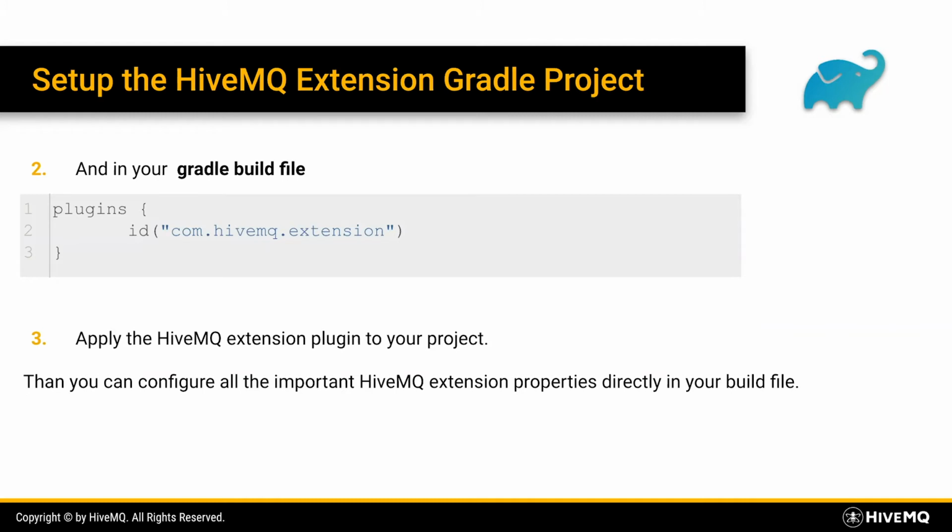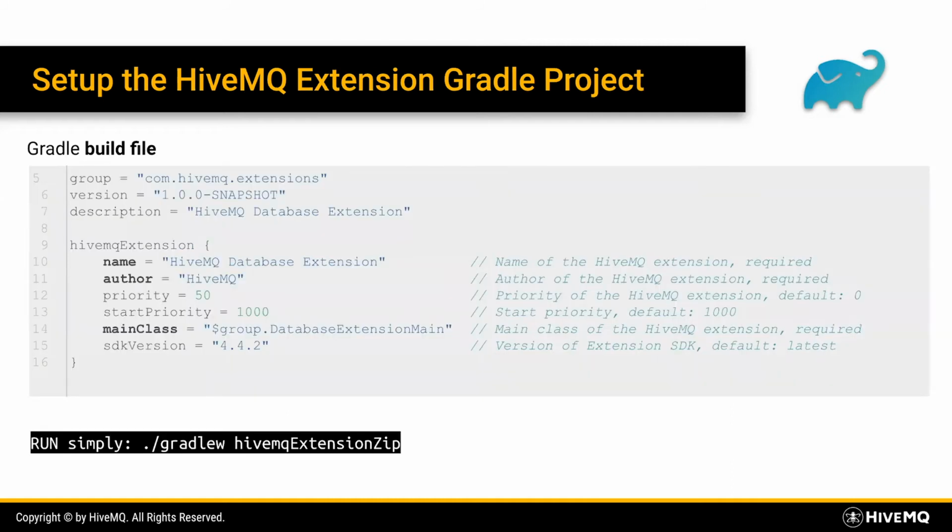And with this, we have all the properties available that we need for our HiveMQ extension, and the properties that we have to set in our build file. So the default properties, group, version, and description, and our specific HiveMQ extension properties, the name, the author, and the main class, which are required properties, and the optional properties, priority, start priority, and the SDK version.